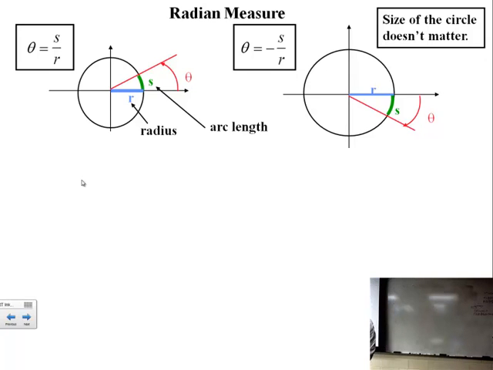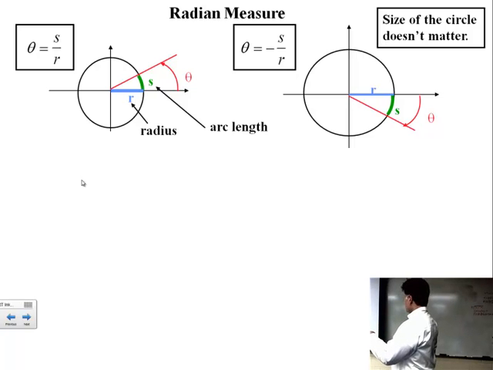The reason why we divide by the radius is, well, we're not specifying what the radius is. If the radius increases, the arc length will increase proportionally, but the ratio will stay the same for the same angle. So this is clockwise. This angle will be positive because both S and R are positive quantities.